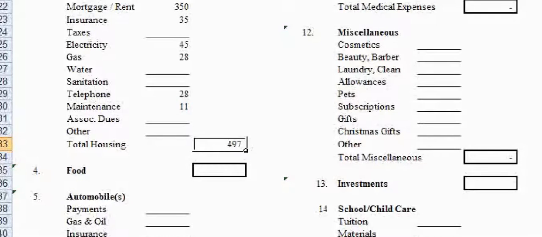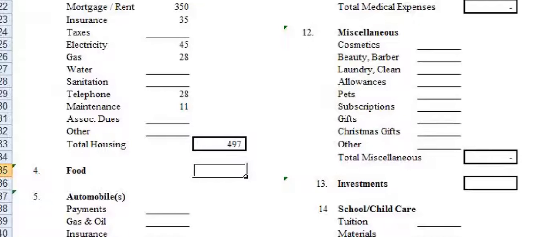Below housing is food. The food category is just for food purchased for home consumption. It should not include eating out or meals purchased at work, but it should include things normally purchased at the grocery store, like paper towels or soap or other things like that.